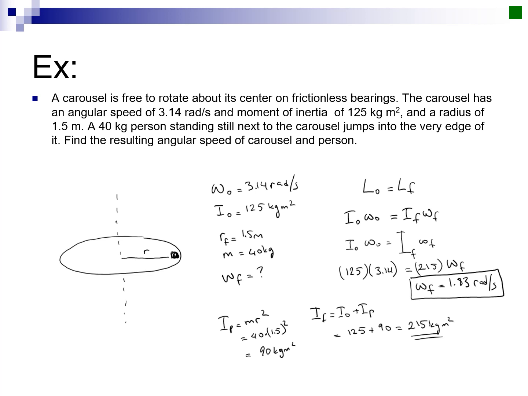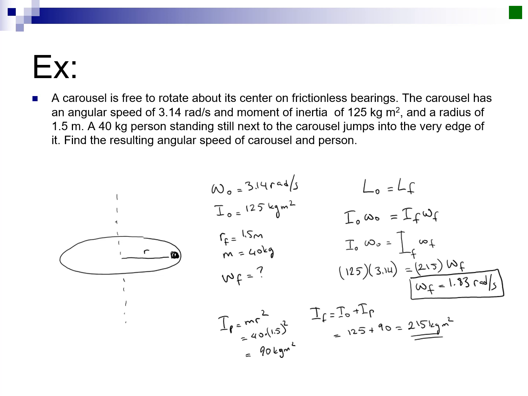We can see here conceptually that when angular momentum is conserved and the original moment of inertia is relatively small and the final moment of inertia gets larger, in order to satisfy this equation, the final angular velocity must get smaller.